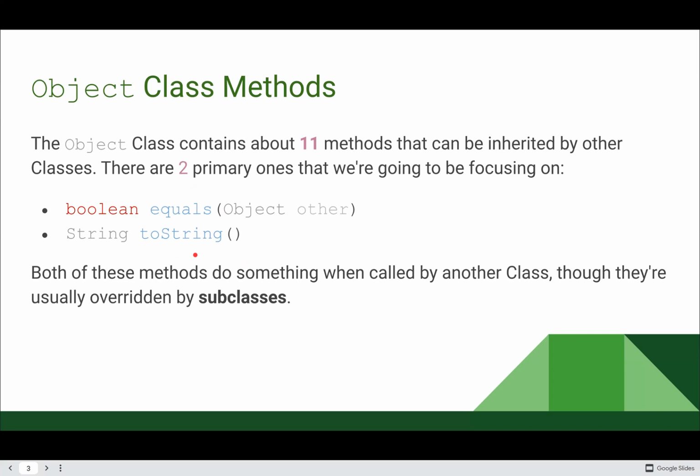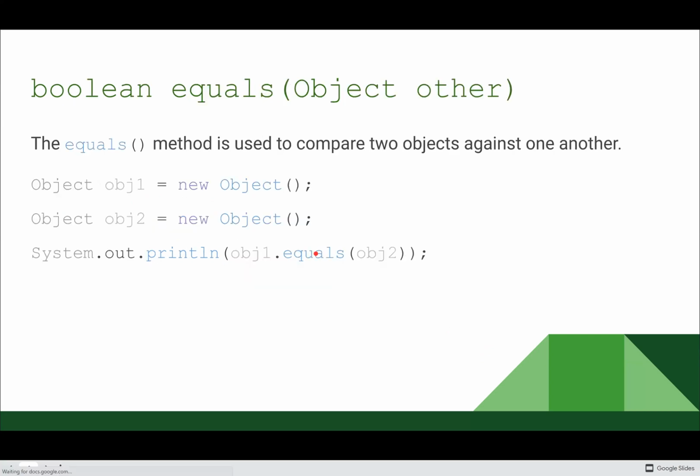We've at least discussed how to implement them within our own classes. But something that we haven't realized is that we're overriding the original versions of those methods. So both of these methods can do something when they're called by another class, although generally we're going to override them, and we'll look at why.